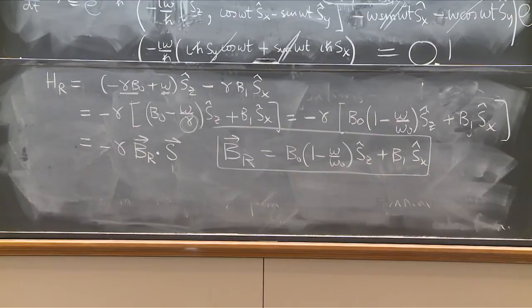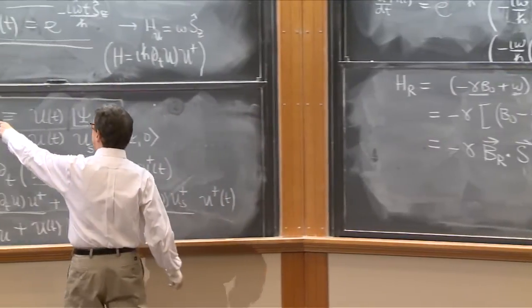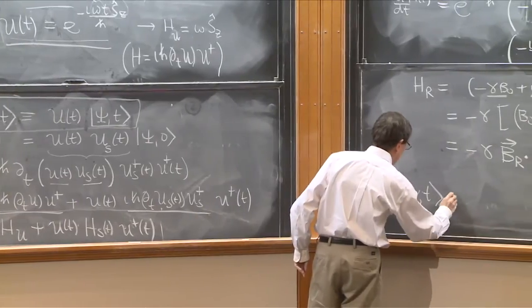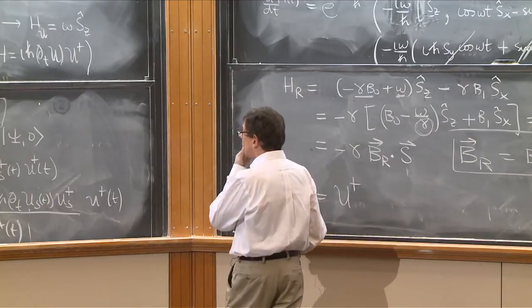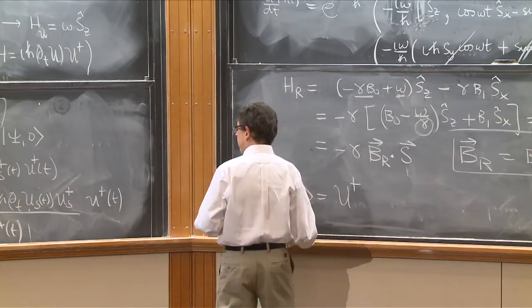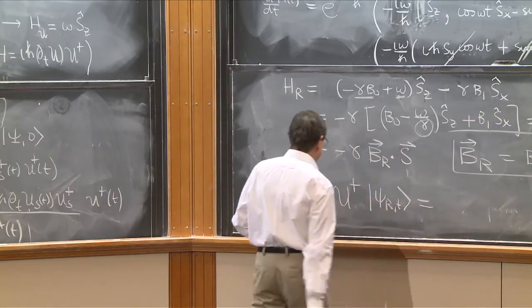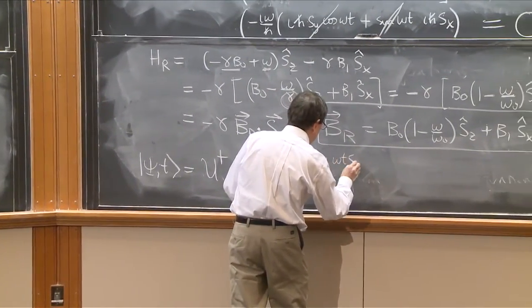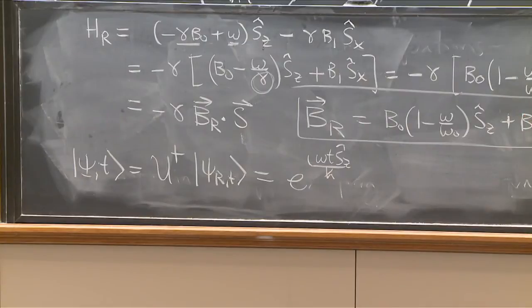And then how about our answer? What is the answer to this problem? Well, the answer is the psi of t. So psi of t is U dagger times psi R of t. And U dagger was e to the i omega t Sz over h bar. Omega t, yeah. And what is the other U?